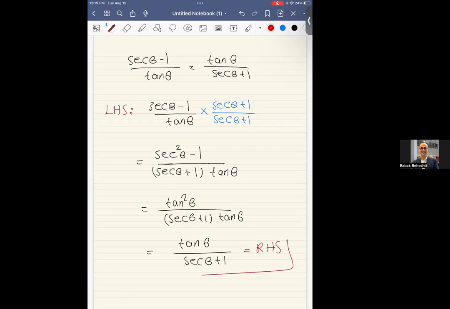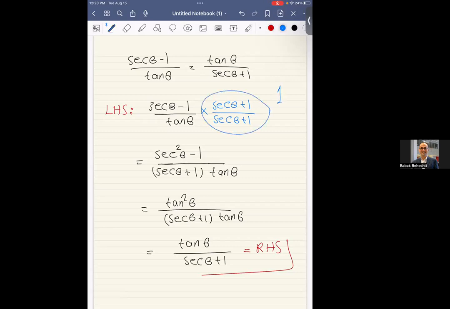So it's enough to multiply the left-hand side by secant theta plus 1 and divide it by secant theta plus 1. I just multiplied by 1, because if you multiply by 1, it doesn't change anything, right? Secant theta plus 1 over secant theta plus 1 is just 1.